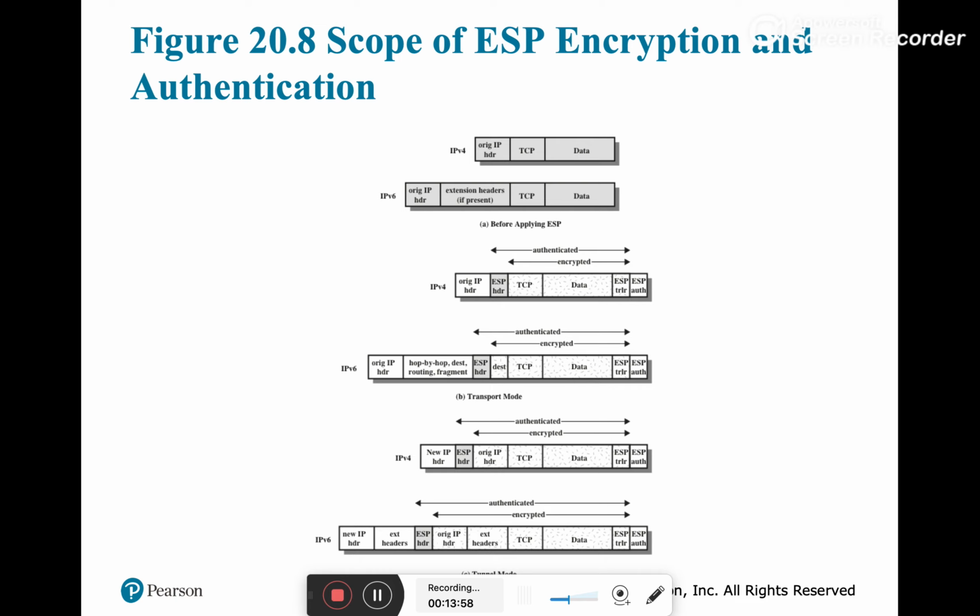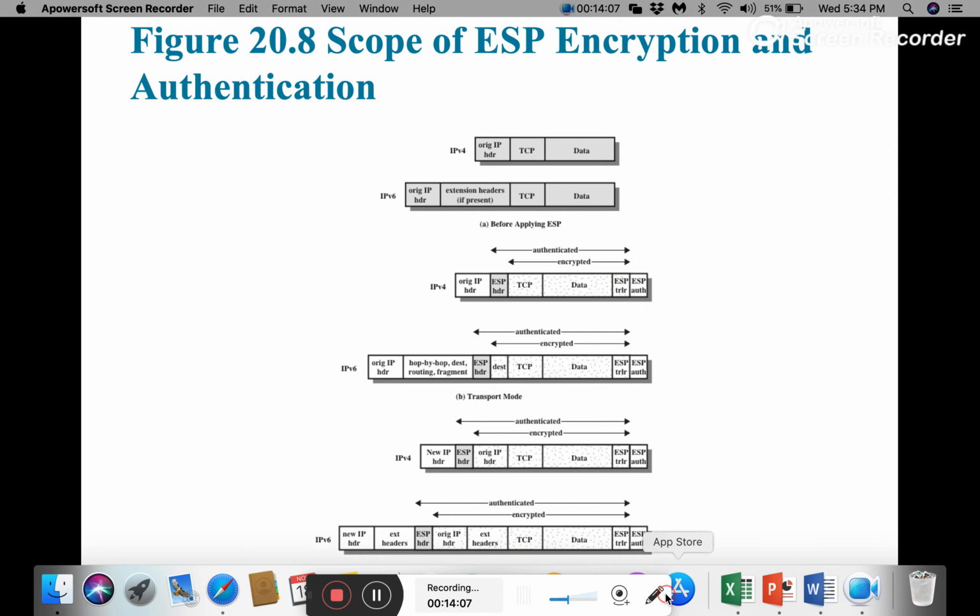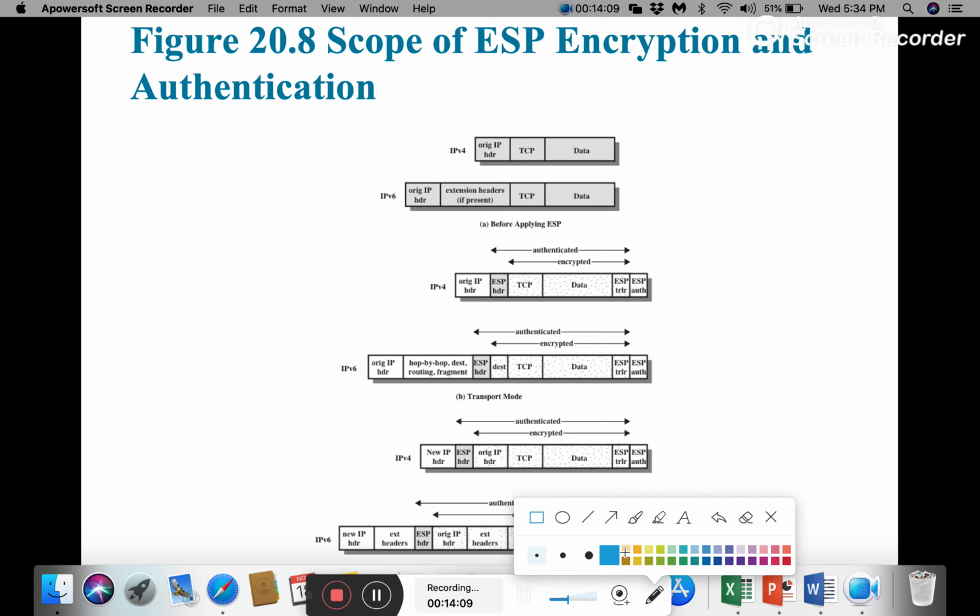Okay, scope of ESP encryption and authentication. Yes, this is important. Now let's suppose we have either an IP version 4 packet or an IP version 6 packet. If IP version 4, we have the original IP header, then after that the TCP or UDP header and data.